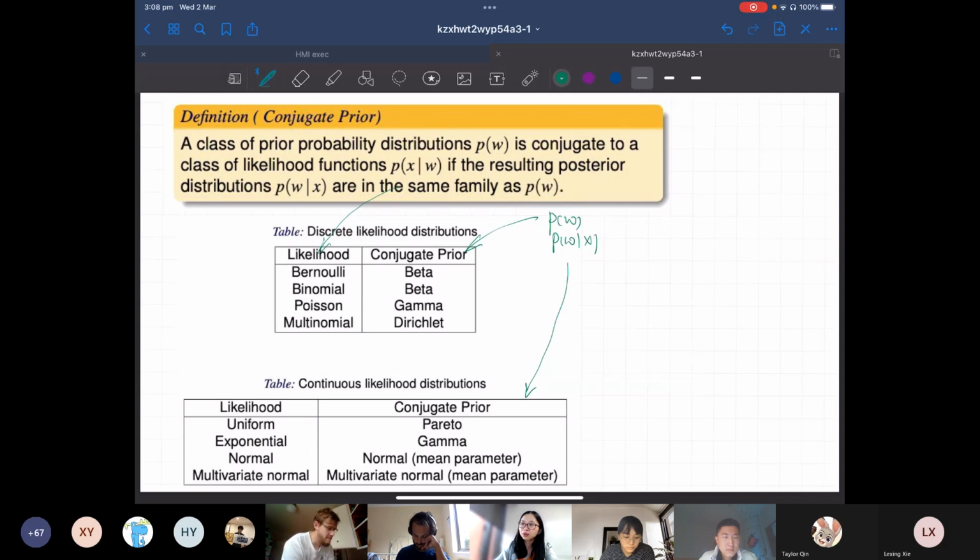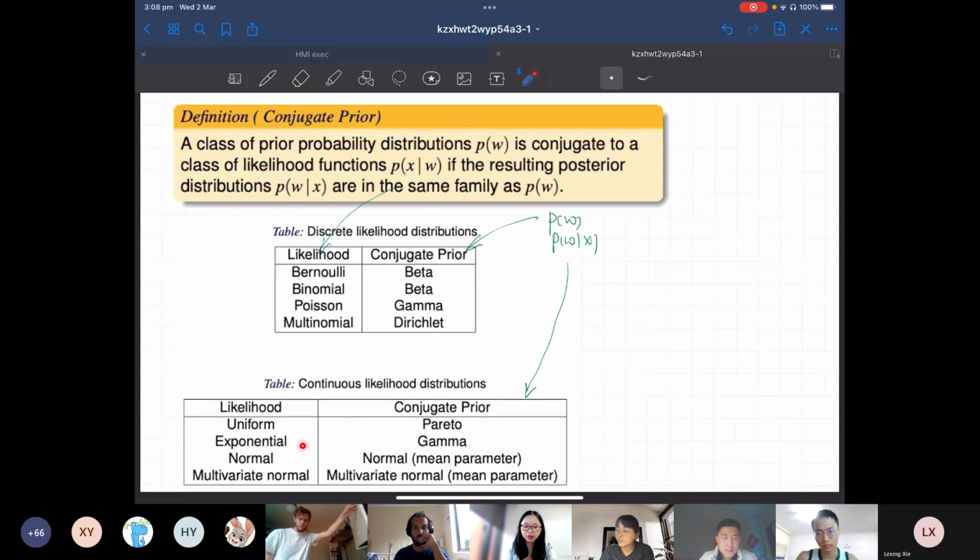Moving to continuous random variables, it's worth noting that if the likelihood is exponential or normal, the conjugate prior is gamma or normal. If W only represents the mean parameter of a Gaussian, then the conjugate prior happens to also be Gaussian.